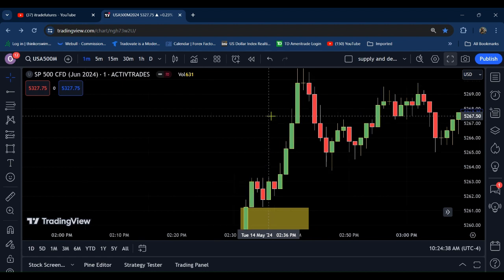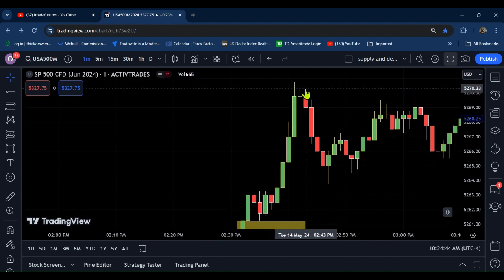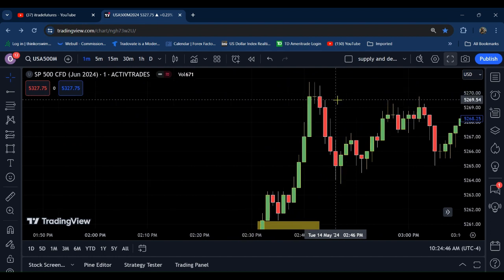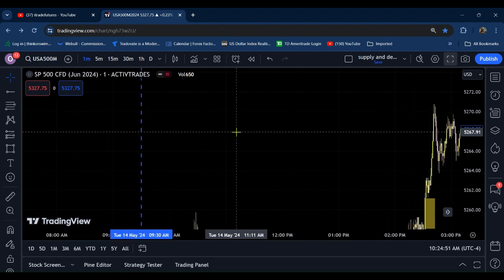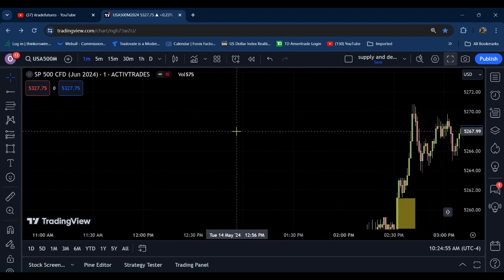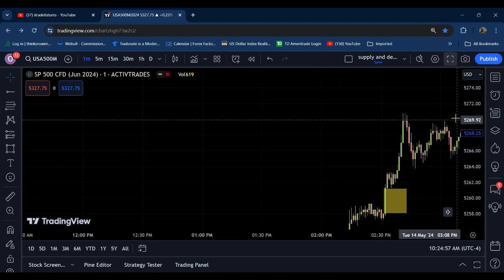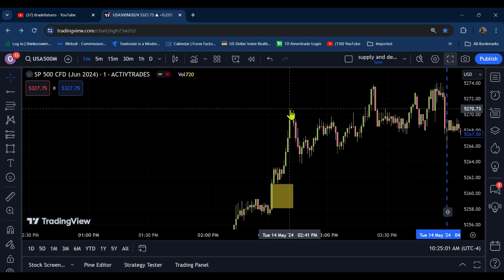What you can do from there is look to see, are we taking out a high? Just based on the way these candles look, we probably did go take out a high. Let's go back to it. No, we didn't. 52.70. No, we didn't take out a high.